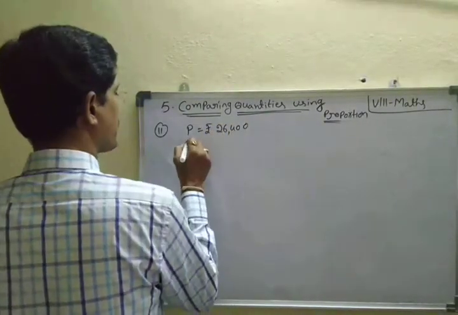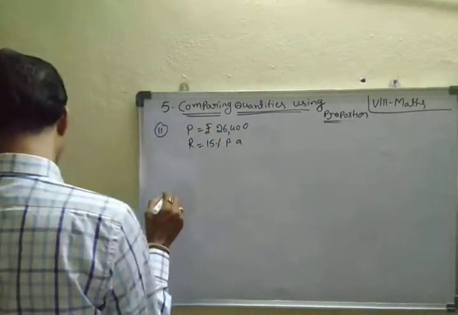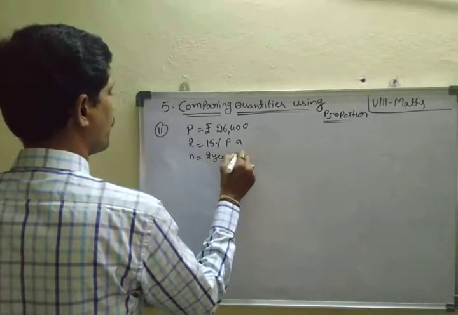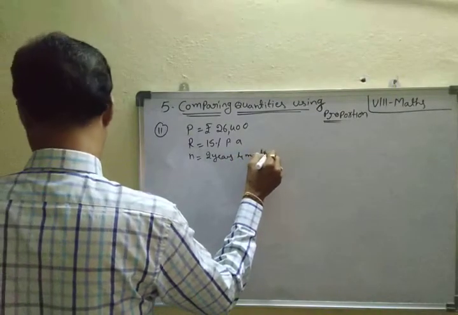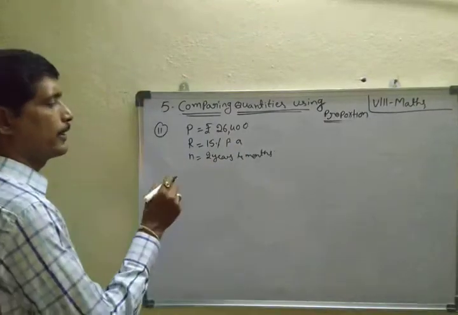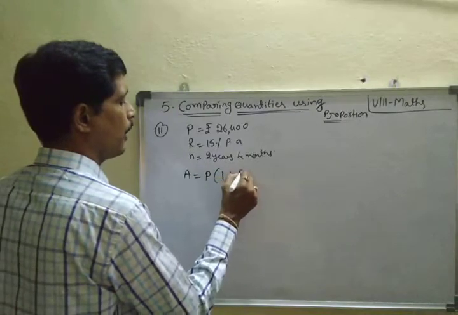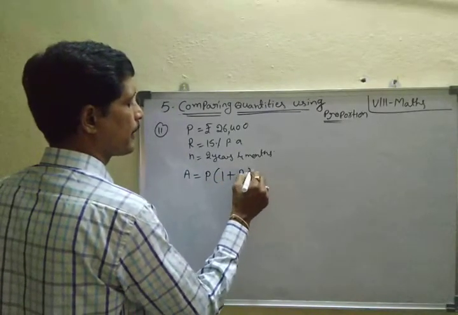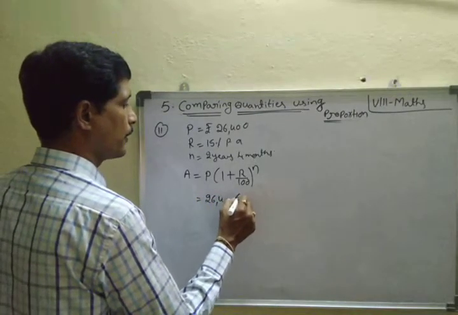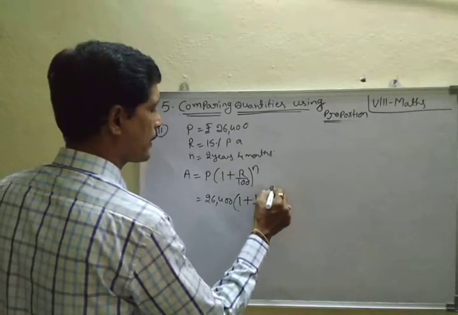Next rate of interest R equal to 15% per annum. Next one is time N equal to 2 years 4 months. Okay. Therefore here first find out for the first 2 years. Therefore amount equal to P into 1 plus R by 100 whole power N. Here P equal to 26,400 into 1 plus R is 15 by 100 whole power N that equal to 2.